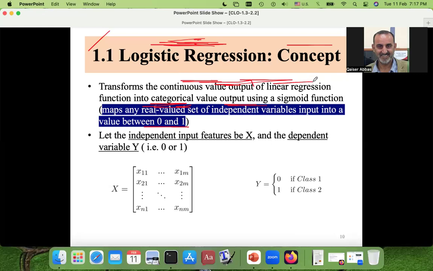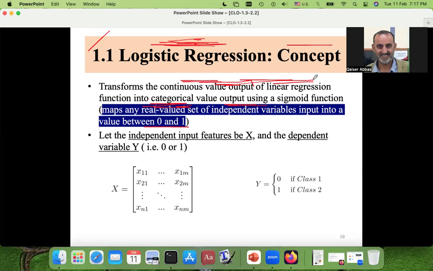That's why we normally use linear regression for predicting the price of houses. We have seen the example just in the beginning. So we said that it is an extension of linear regression, because the output of linear regression is real values, not 0 and 1.